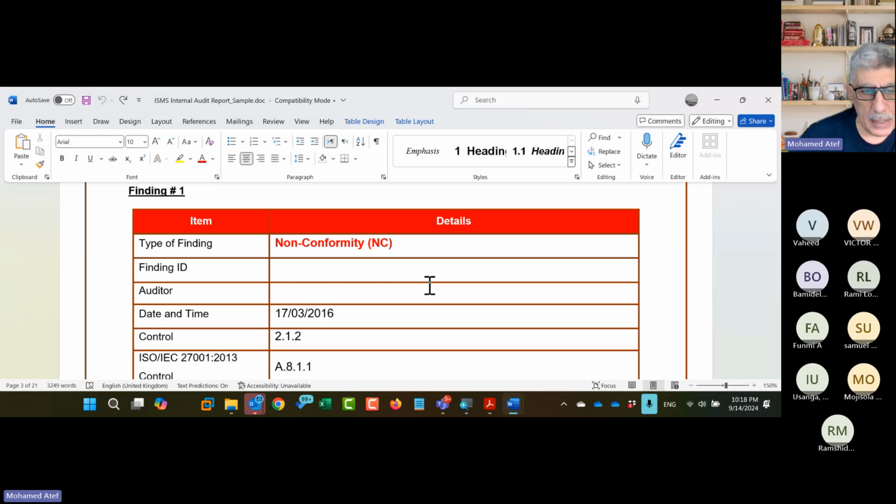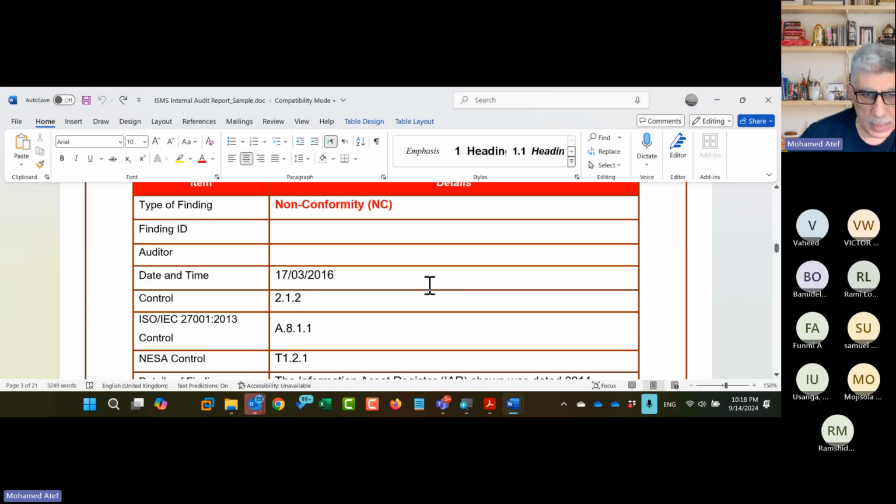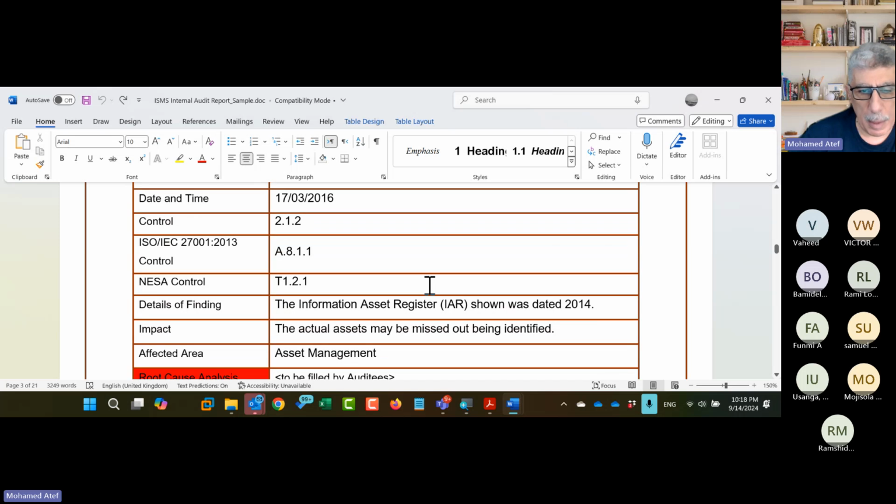Okay, which means that it could be due to one of two reasons. Maybe the document is updated, but the guy who's managing the document forgot to update the document control. Or maybe they are really not updating this document. So whatever assets they are getting, they are using them, but they don't update the inventory. Okay. I usually take the worst case scenario because it's much safer to consider the worst case instead of considering that, yeah, maybe he forgot to update and so on.